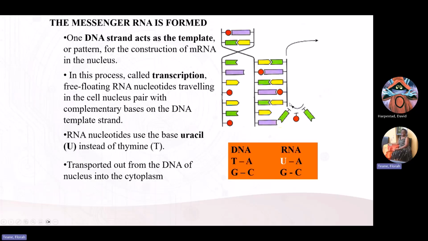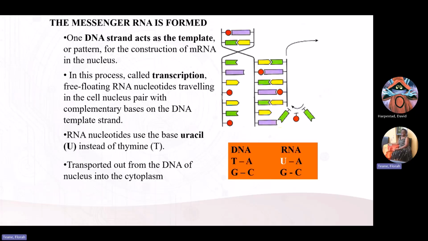And as this strand is formed in accordance with the strand of DNA, we say there is copying of the message. The message is being coded. And this process is called transcription.